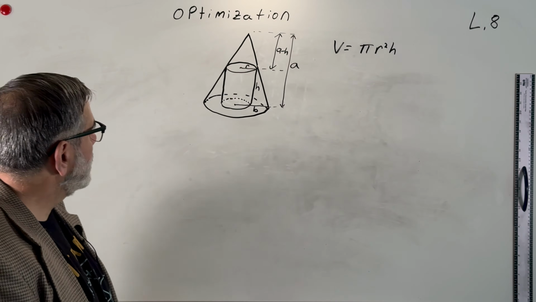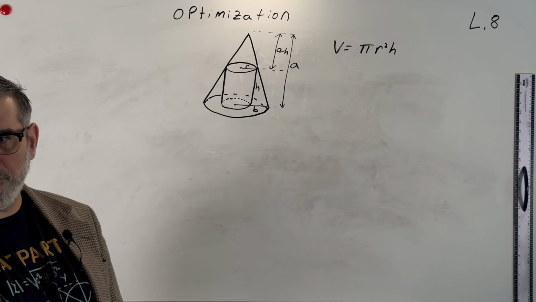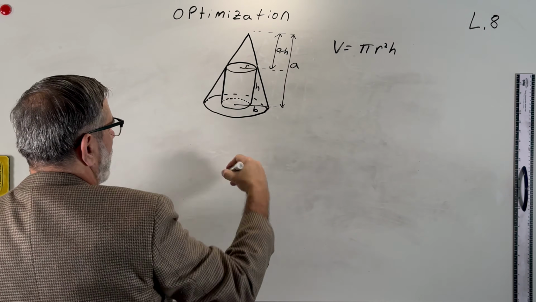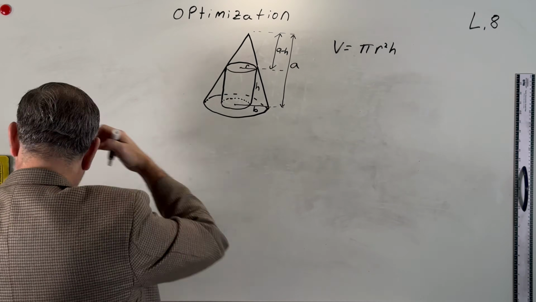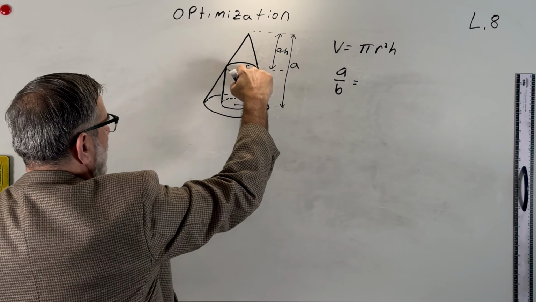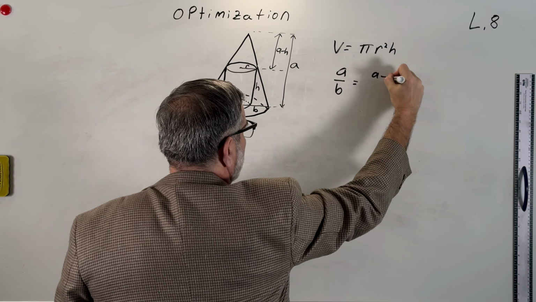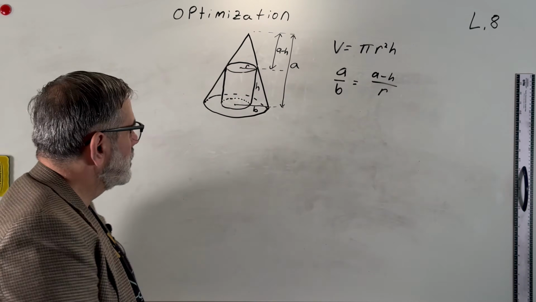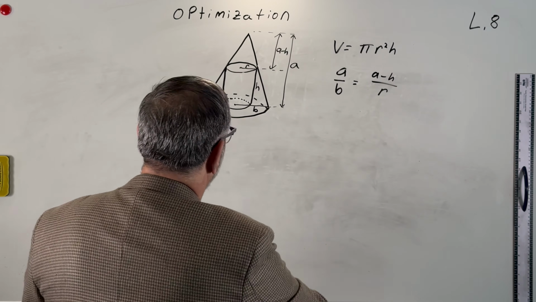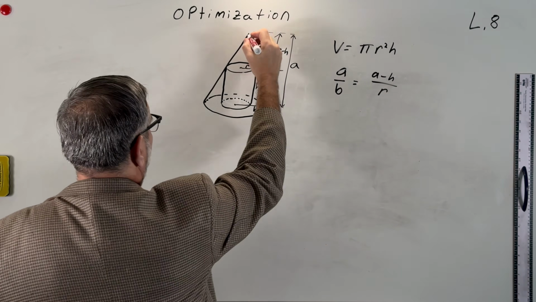And in this case, the easiest, I think, is to use similar triangles, right? So if we look at, say, the big triangle of height a over b, that is the same as the little triangle up here at the top of height a minus h over r. Does everyone see that? Yeah. So I could try and draw it in, let's do it this way. Let's draw it in red.